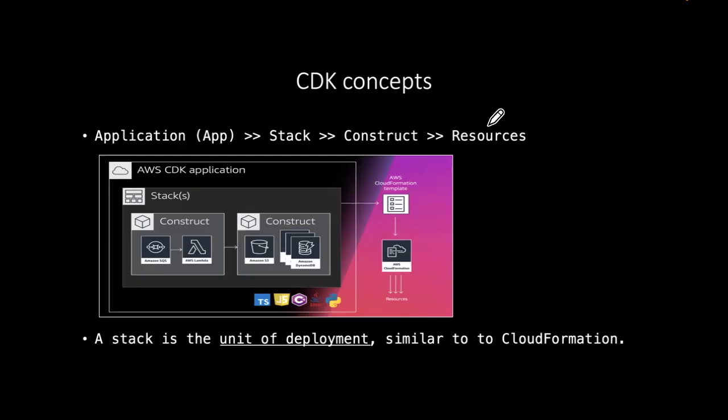Now, construct is the lowest level programming construct that we use in the CDK framework. A CDK construct will result in the creation of one or more resources up in the AWS cloud.